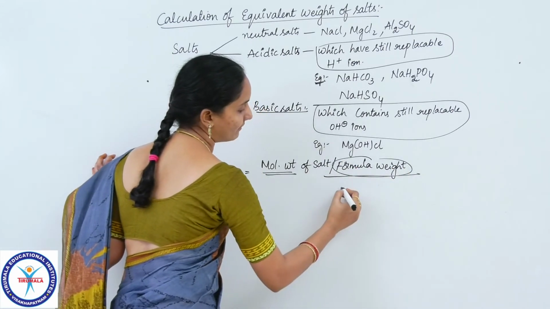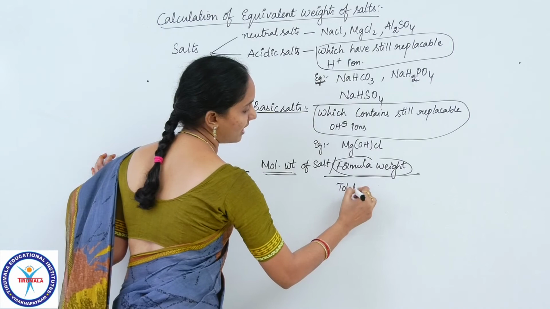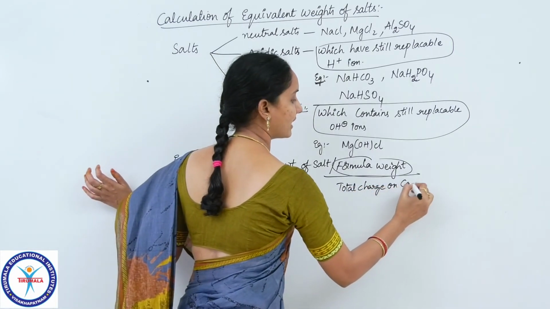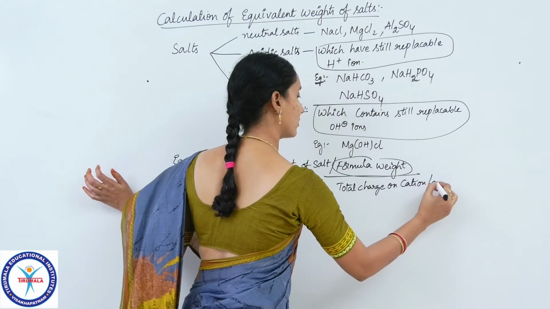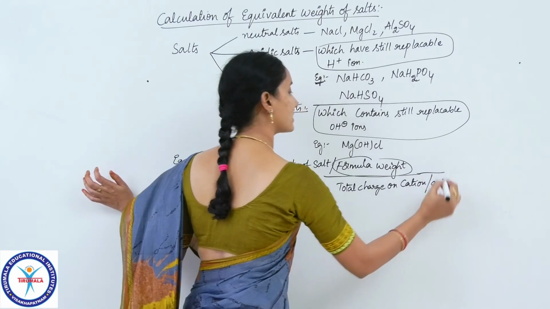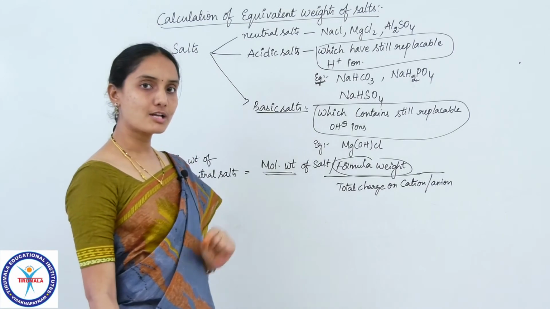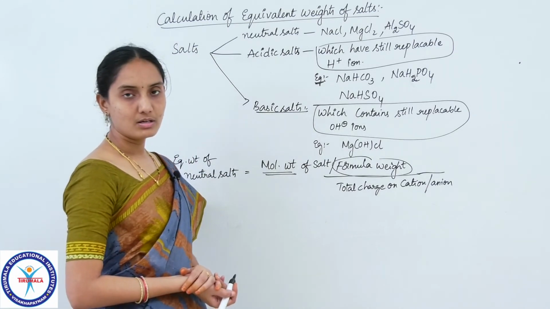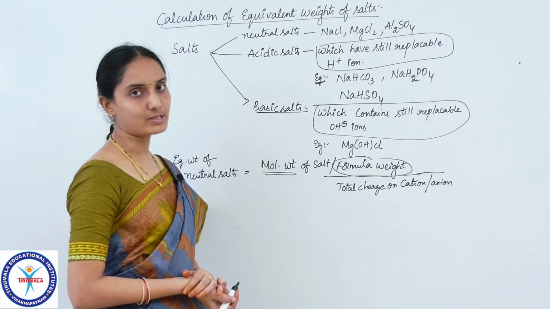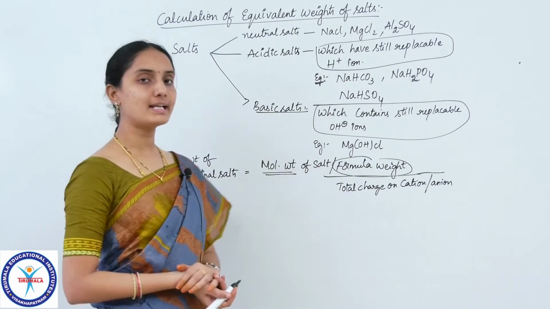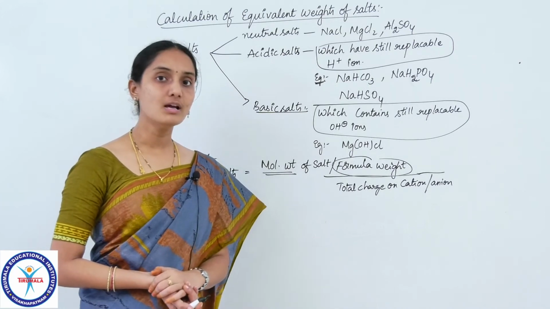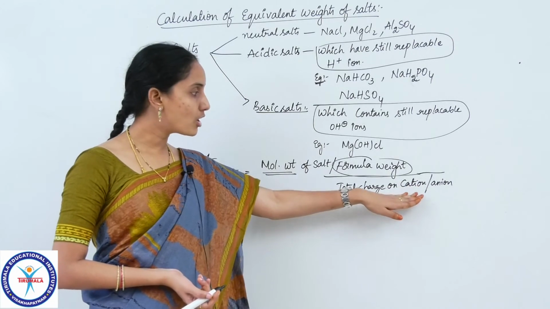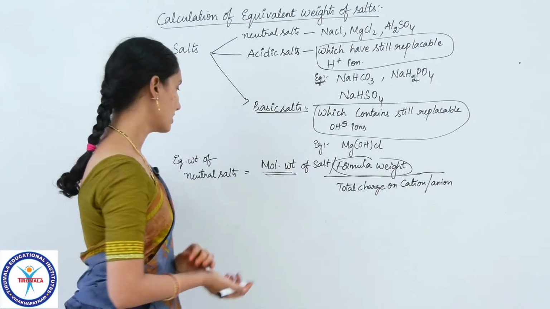So formula weight divided by total charge on cation or anion. Anything you can take, because in a formula unit the charge on the cation is satisfied by the total charge on the anion. That is what we have learnt in the crisscross method. The formula is assigned in such a way as to satisfy the charges of both cation and anion. So you can take either the cation's total charge or the anion's total charge.